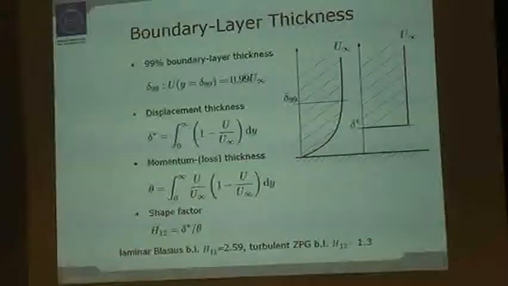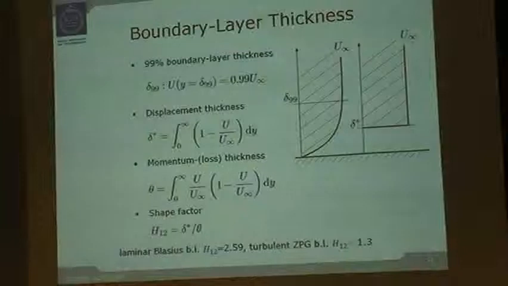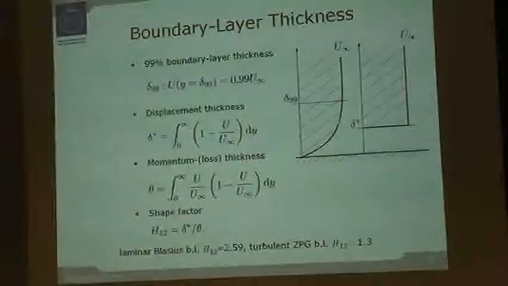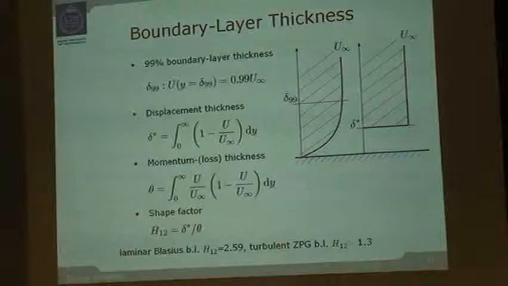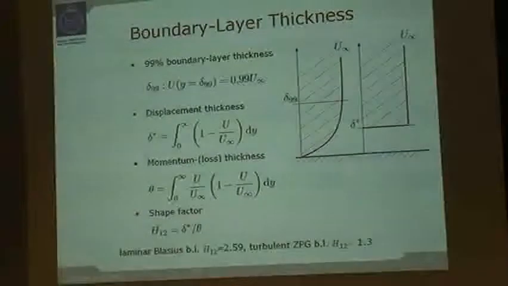Essentially, that's sketched here, what the physical interpretation of the displacement thickness is. So essentially, it would correspond to a profile that would always remain at U infinity and then abruptly go to 0, and would have the same mass flux.